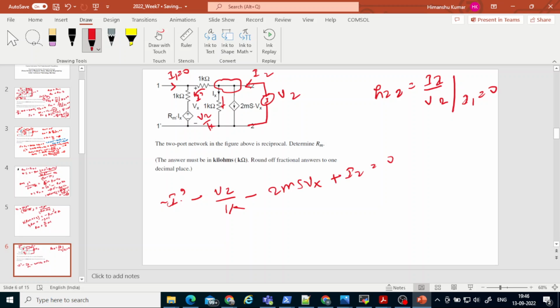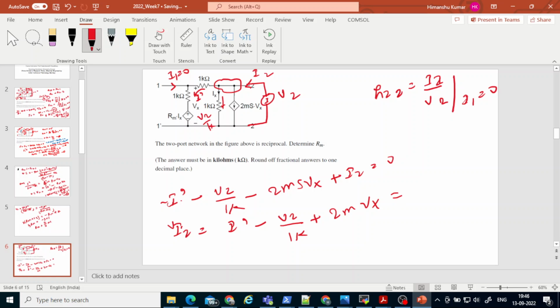So I2 will be equal to I dash minus V2 by 1k plus 2 millisiemens times Vx. And Vx is our V1.